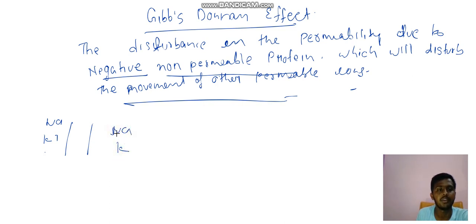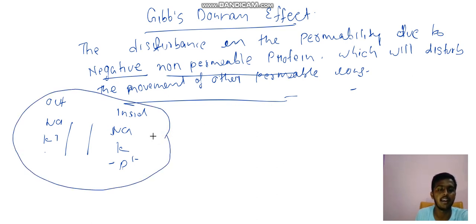Here sodium, potassium, this is inside, this is outside, and inside the protein is also there, the negatively charged protein. So of course this protein will disturb the concentration gradient, as well as the permeability. So this is the Gibbs-Donnan effect.